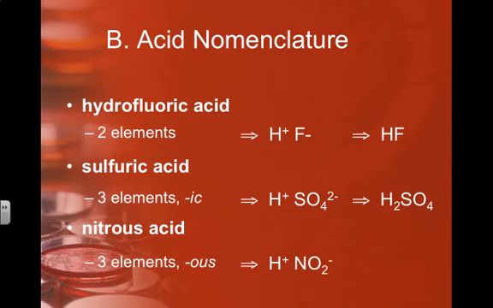When we put the compound together, +1, -1, they cancel. It's HNO2. If it were hydronitric acid, that would be just nitrogen. But since there's no prefix, it has to be a polyatomic here.